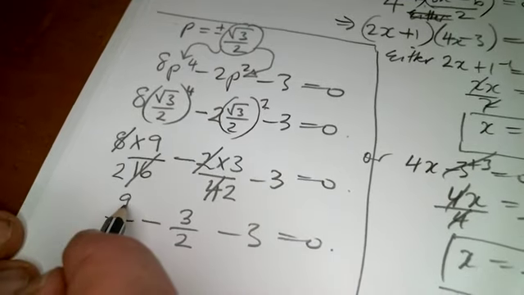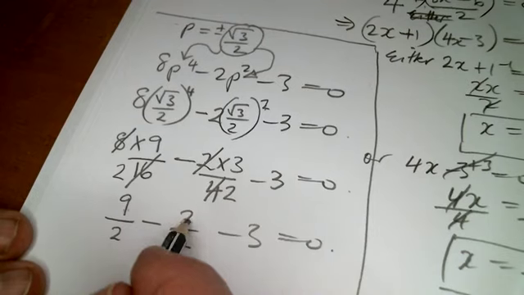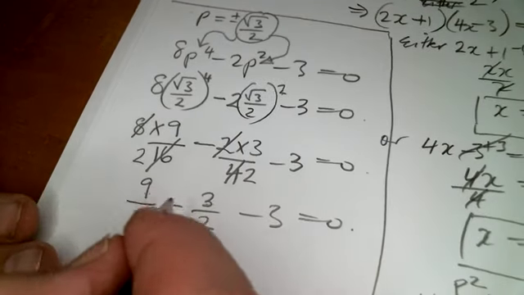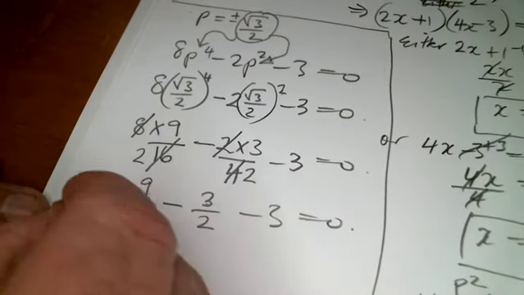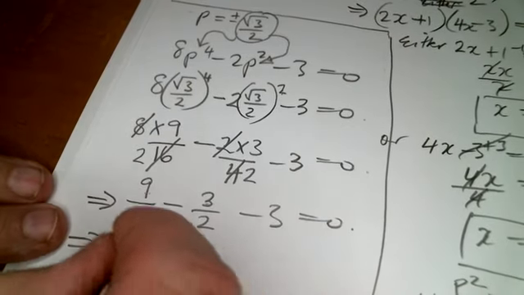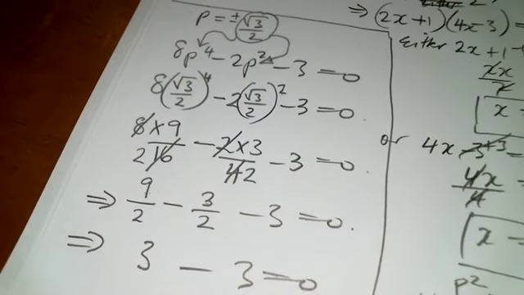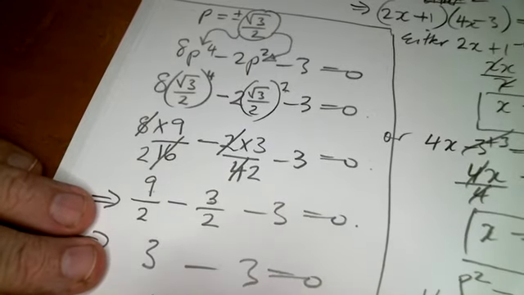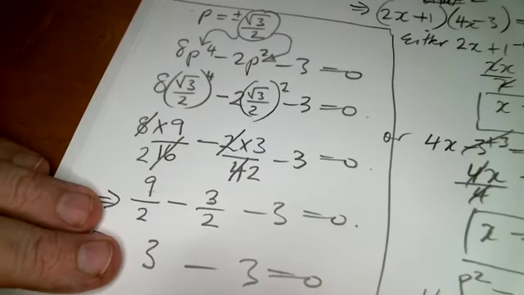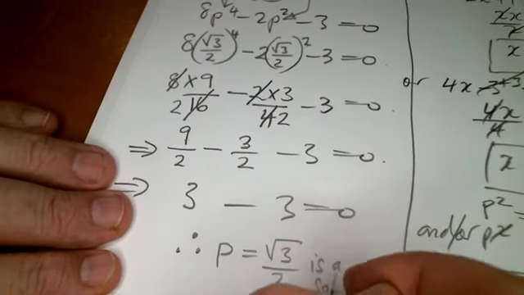Well, 9 minus 3 is 6, and 6 over 2 is 3. So 3 minus 3 equals 0. It works. So therefore we can say that p equals, in this case, I'm just going to write root 3 on 2, and I'll put is a solution.